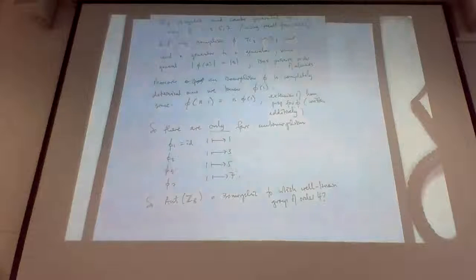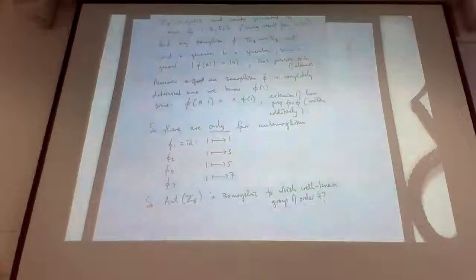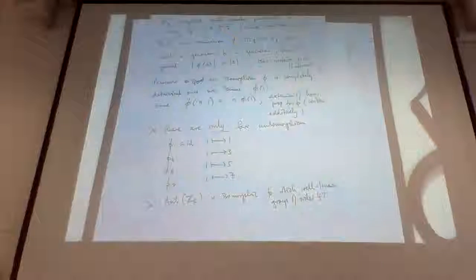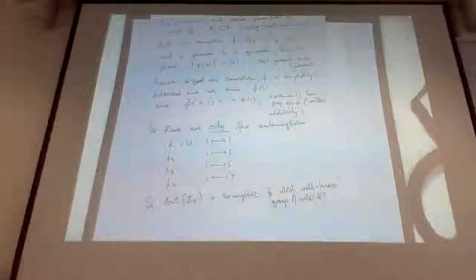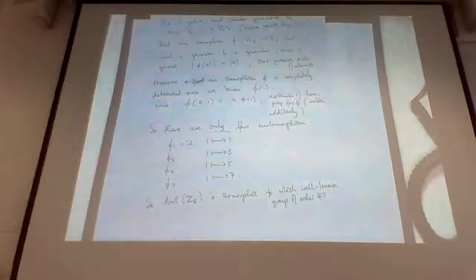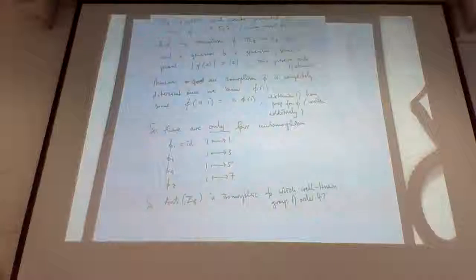Did it ask us to prove it's abelian? I think it says use the classification of finite abelian groups. Well, I think we'll argue that it is abelian, and then we can use that. So it's either going to be Z4 or Z2 plus Z2.